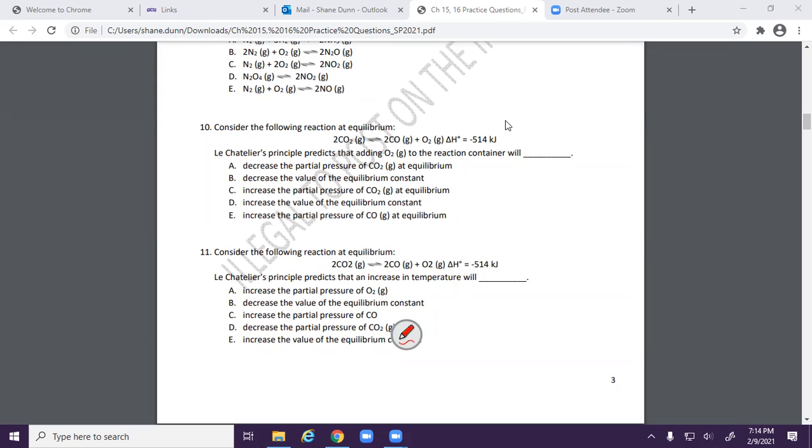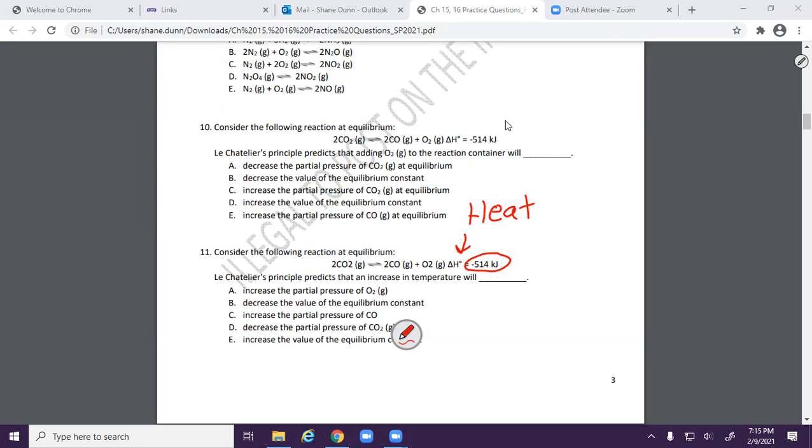Delta H is the heat. It's change in heat energy. If I say heat energy, what's that mean? Change in temperature. Good. Now, a negative value: exothermic, endothermic. Exothermic. What does exothermic mean?